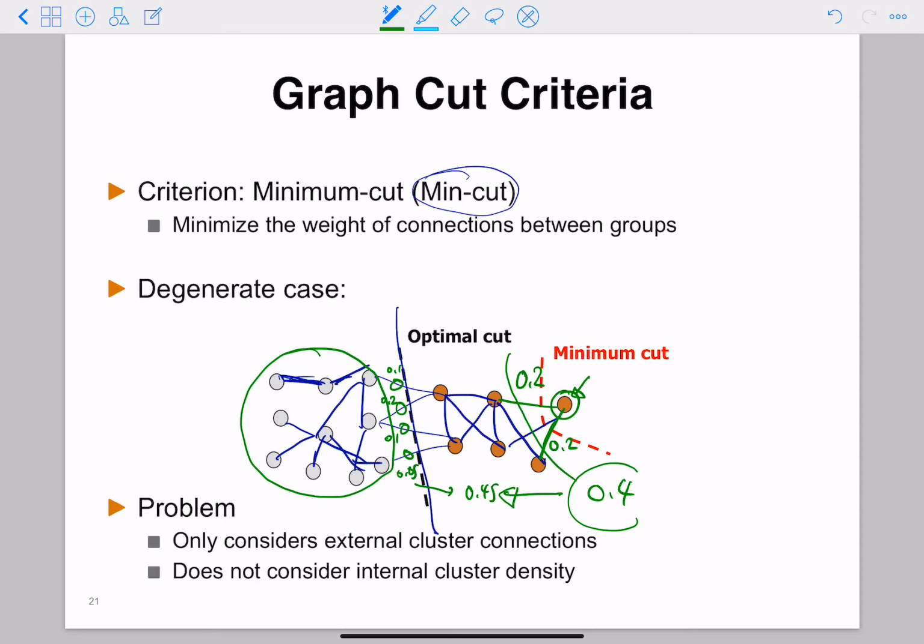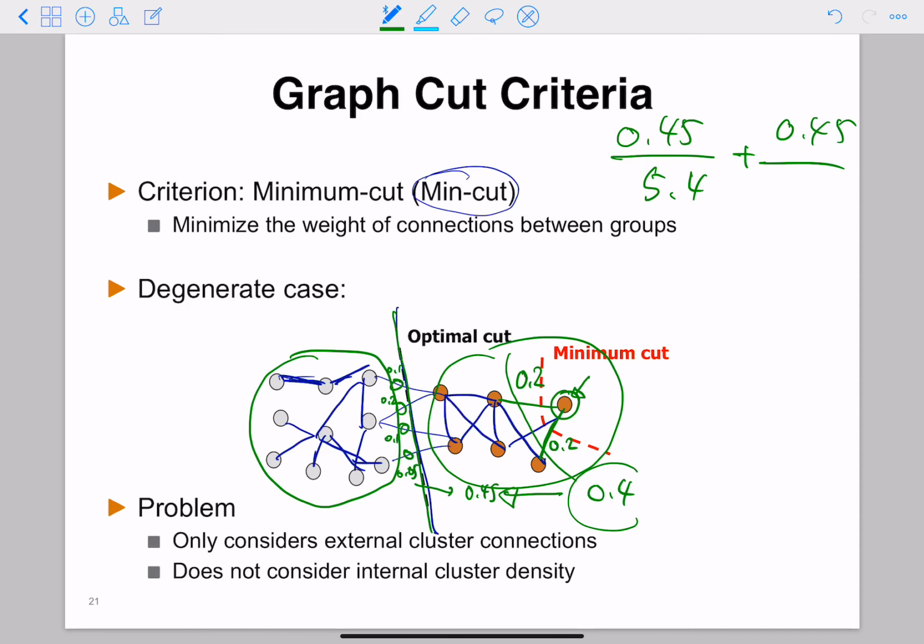In this case, we have the volume coming from the first cluster and the second cluster. The 0.45 cut measure over here is divided by the total edge sum within cluster 1, which is maybe 5.4, the sum of edge weights.